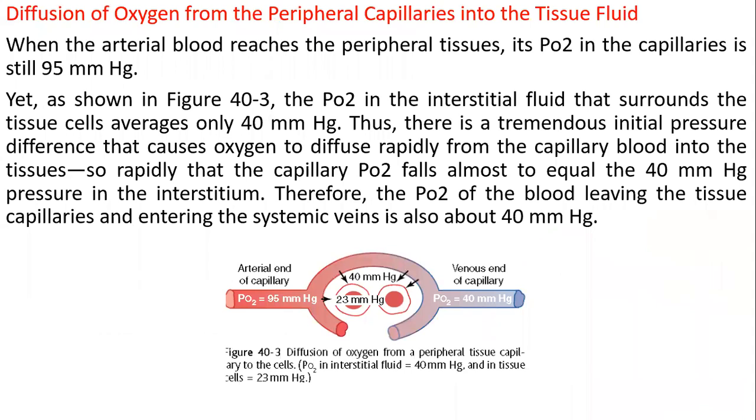Diffusion of oxygen from the peripheral capillaries into the tissue fluid. When the arterial blood reaches the peripheral tissue, PO2 طبعا هاي حكيناها، PO2 بالكابيلاريز هو 95 اللي هو هذا تشوفوا بالشكل.